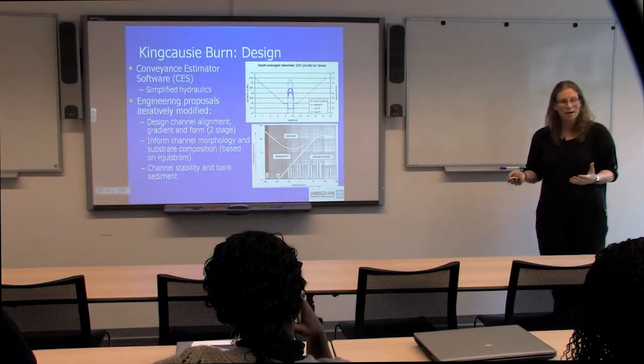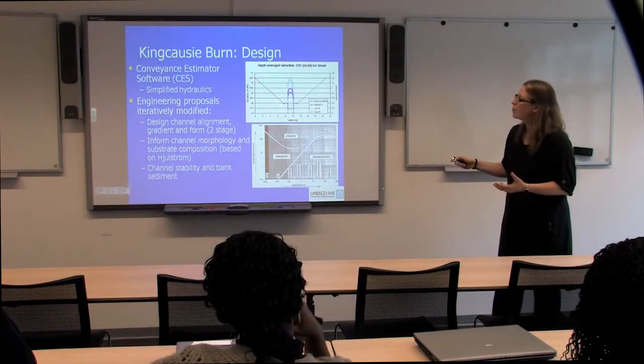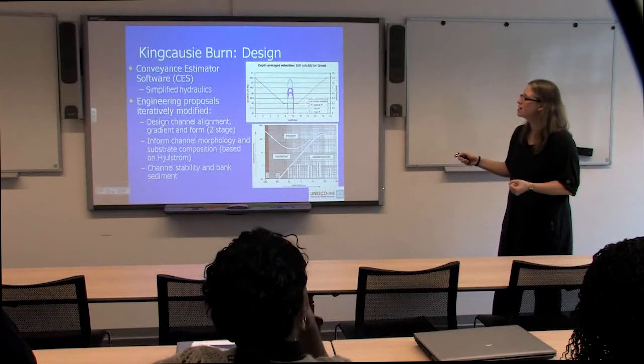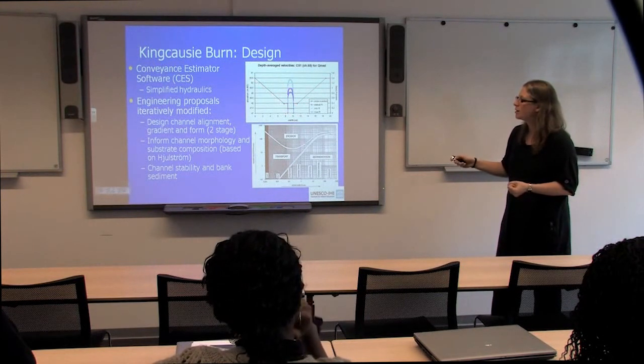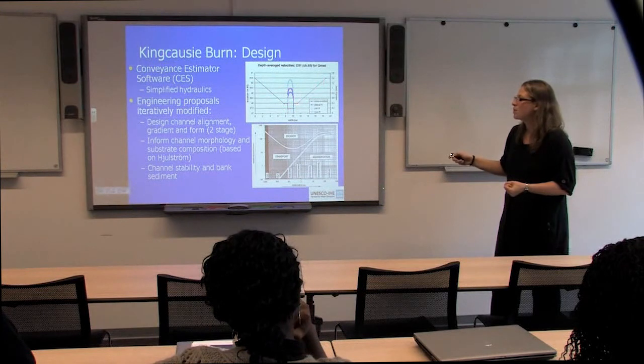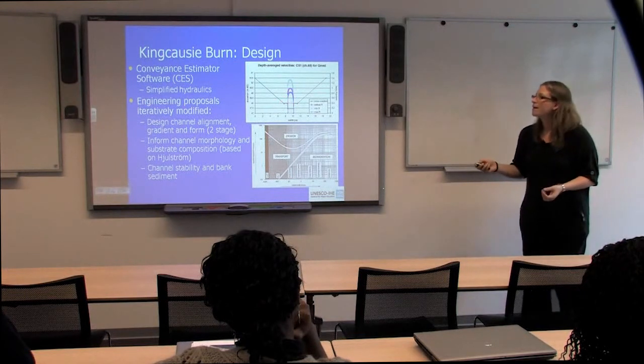So that's the existing. We took that existing information, and then what we did was design a two-stage channel. So here you can see a short floodplain, small uniform channel, but we've got this floodplain here, which allows the water to go out of bank.